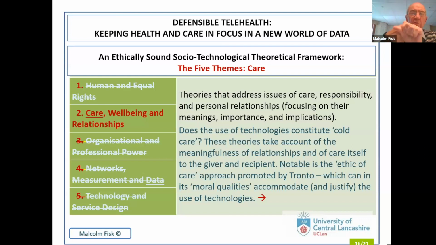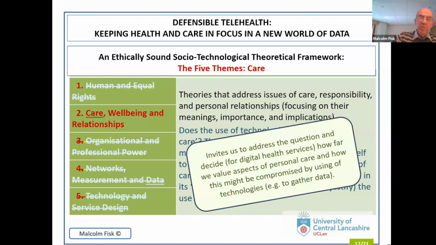So there's no problem in using technologies to help us to be attentive, and no problem in having technologies that help us to be responsive as well. That's why Tronto works in the context of technologies, although she doesn't address technologies themselves. She talks about the ethic of care. In fact, she and a colleague, Bernice Fisher, developed this approach in the past. But I think it's a very important approach and does fit with some of our concerns.